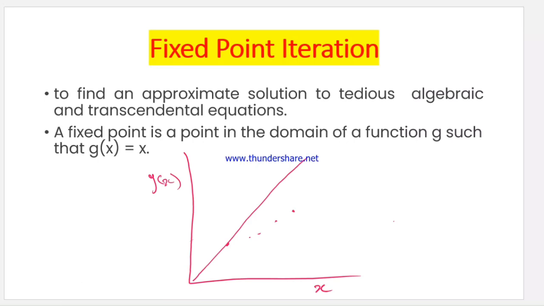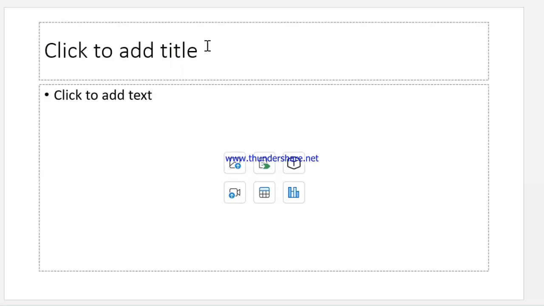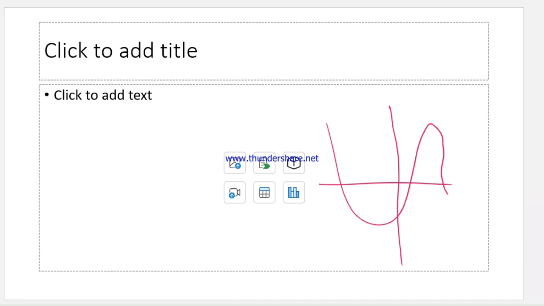So there are some steps to follow when doing this. The first is to determine the initial guess. We have to make an initial reasonable guess. So how do we do that? We have to look at the curve. Let's assume this is the curve, though we are not sure.